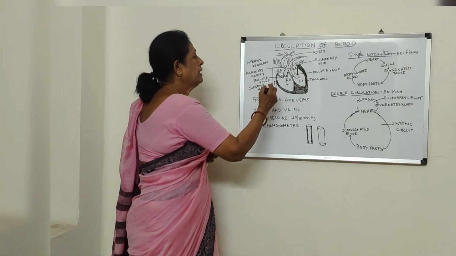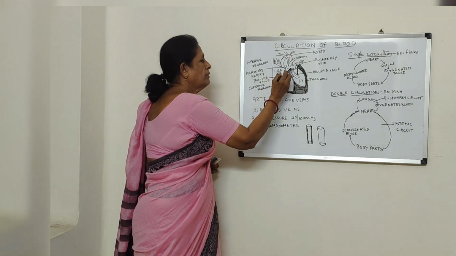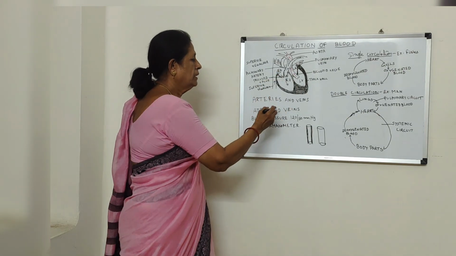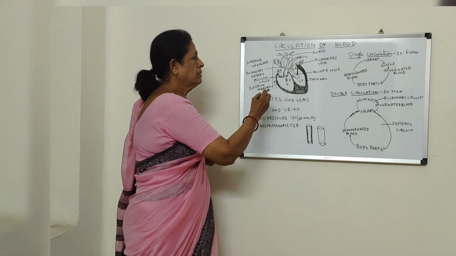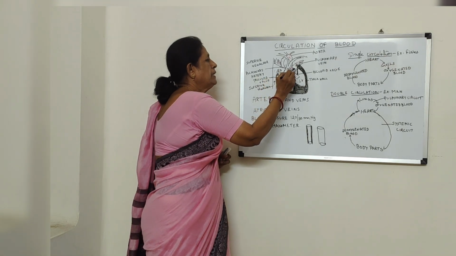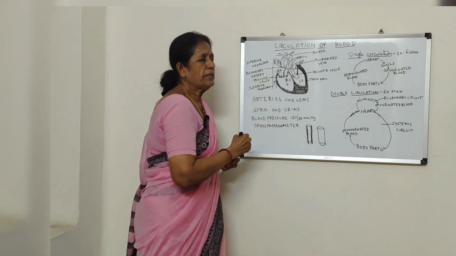And next let us see atria and ventricles. Atria are also called auricles, that means the right auricle and left auricle. They are receiving chambers.